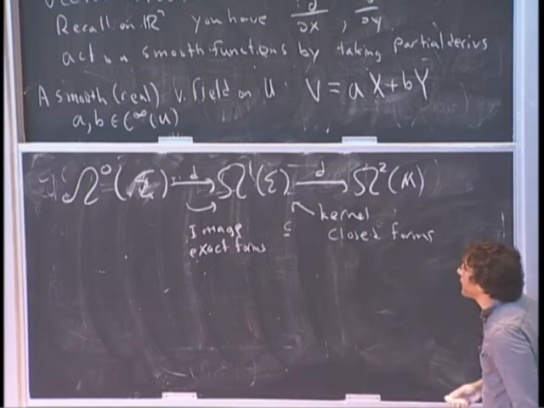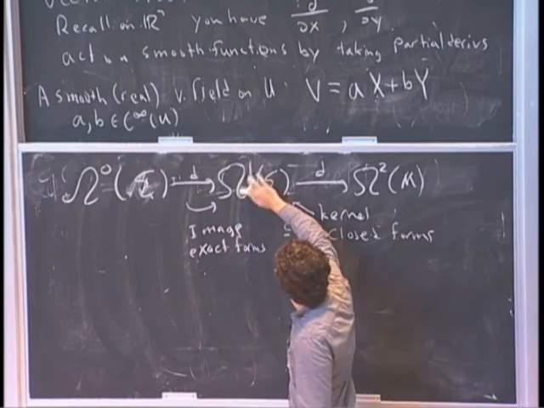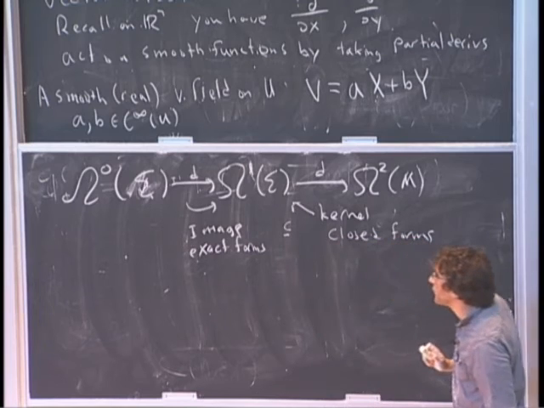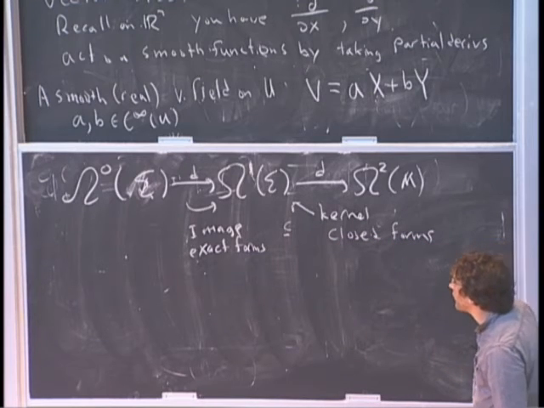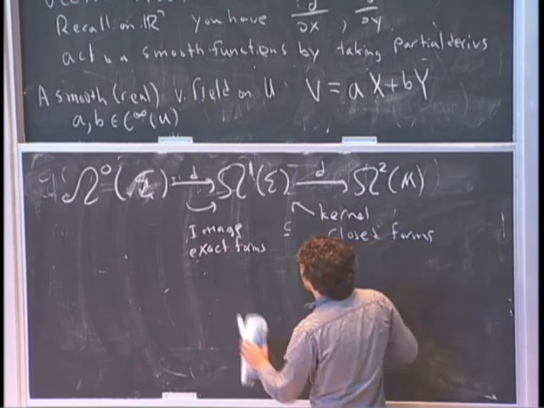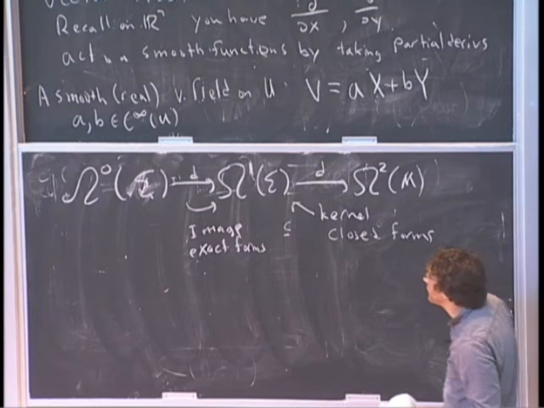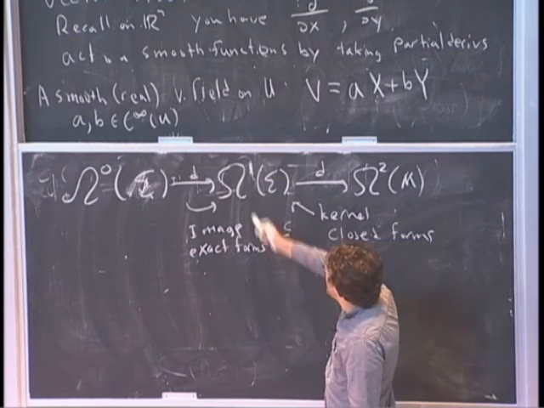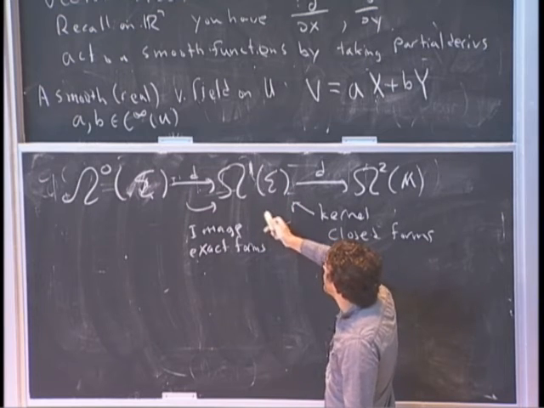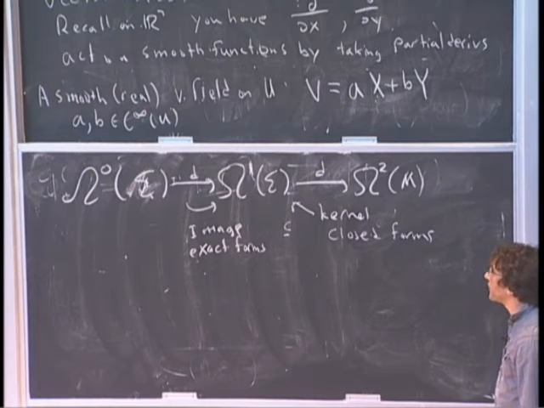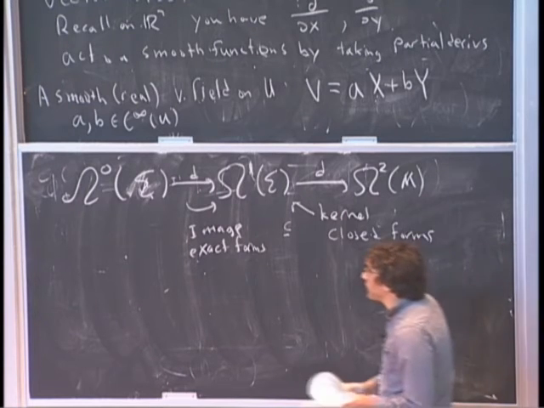And so one of the things we're going to study next time is what exactly measures the discrepancy between the two sets. So this is known as the de Rham cohomology group, the first de Rham cohomology group. And as we'll see, for an oriented closed surface, it's essentially determined by the genus, at least up to isomorphism class.